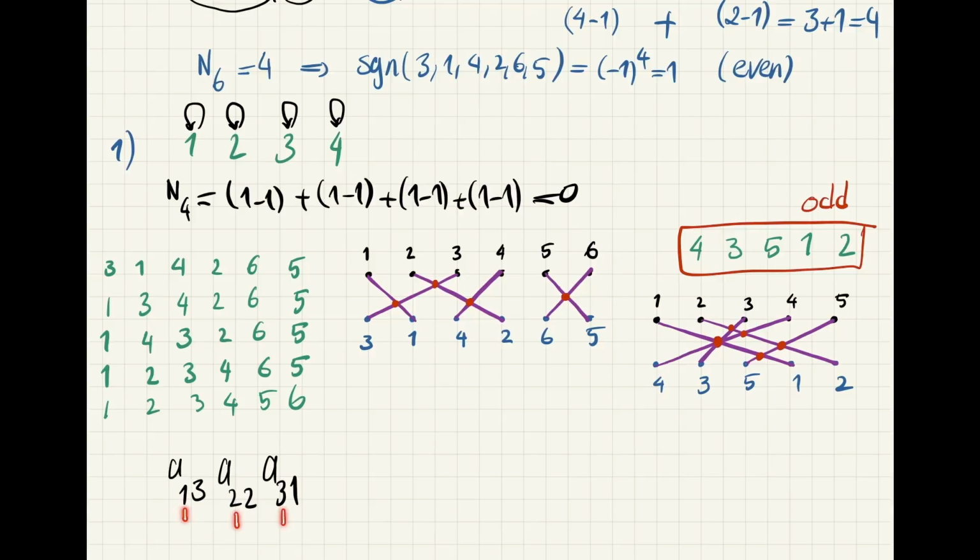The first indices are 1, 2, 3. They are in natural order, yes? And then we pick up the second indices. The second indices in this order are 3, 2, and 1.